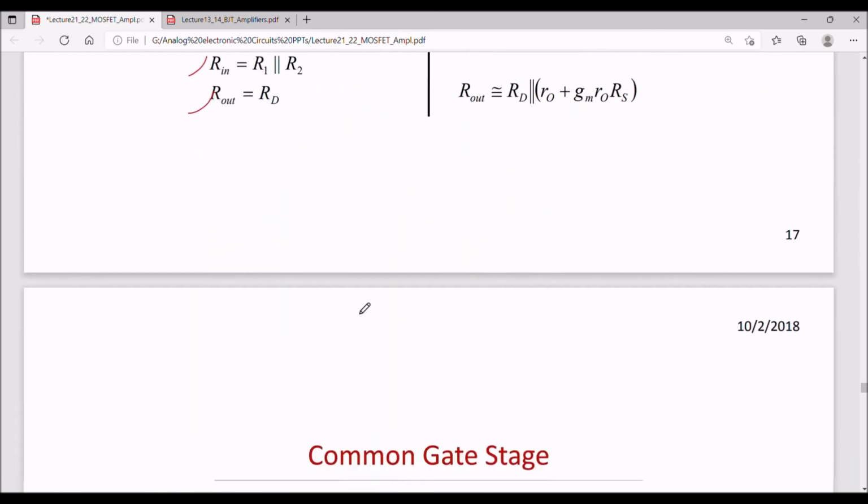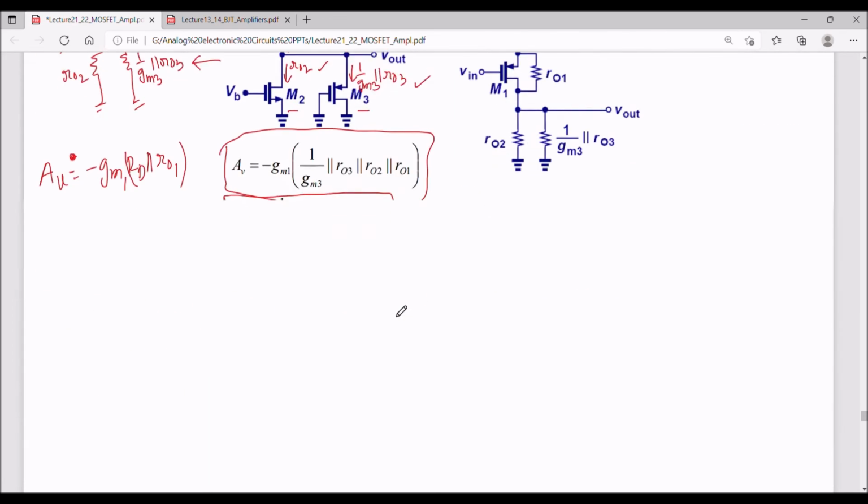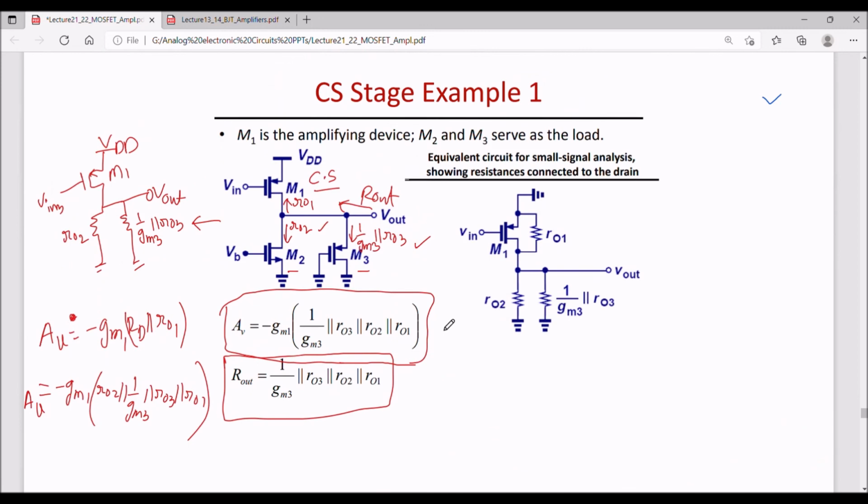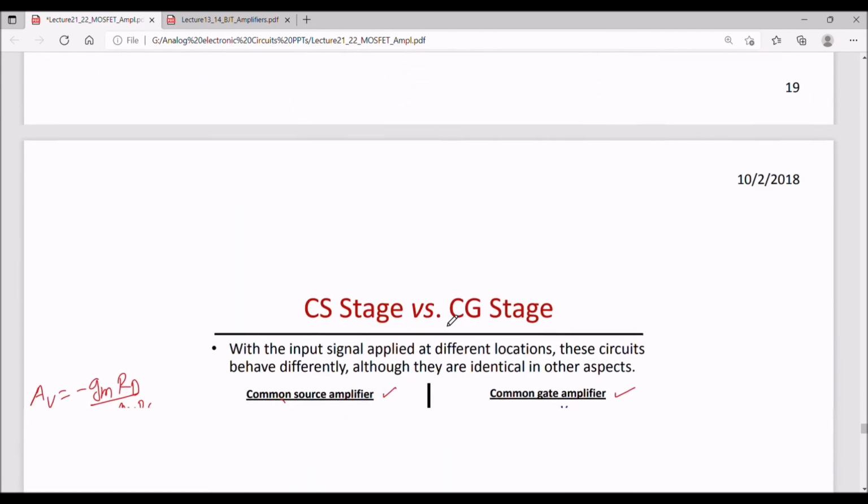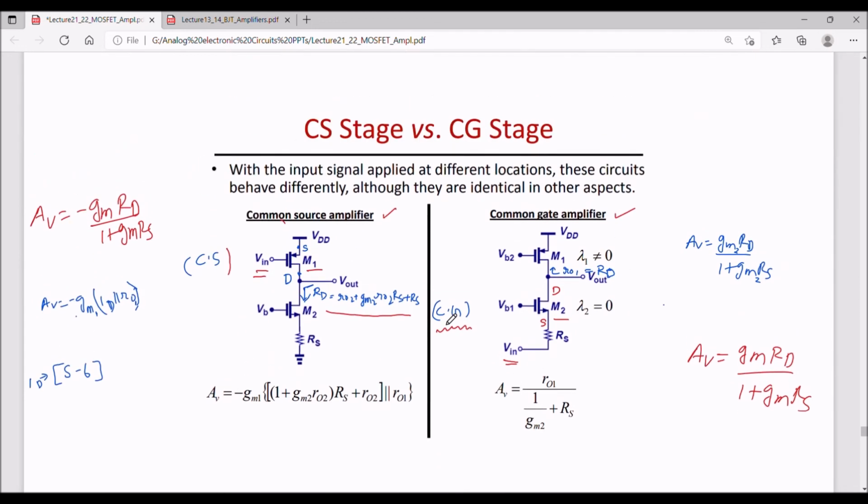So let us go back to that circuit. Here, looking into the drain of this M2, I can say that the impedance is RO2 plus GM2 RO2 RS plus RS, using the same equation that I have just now shown to you. So this will act as RD, the total RD. Because I am considering this as a common source amplifier with drain resistance, that is RD here.